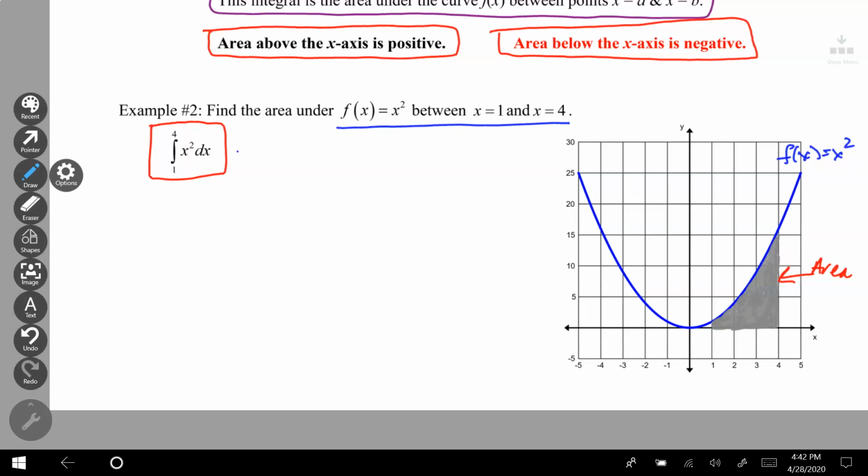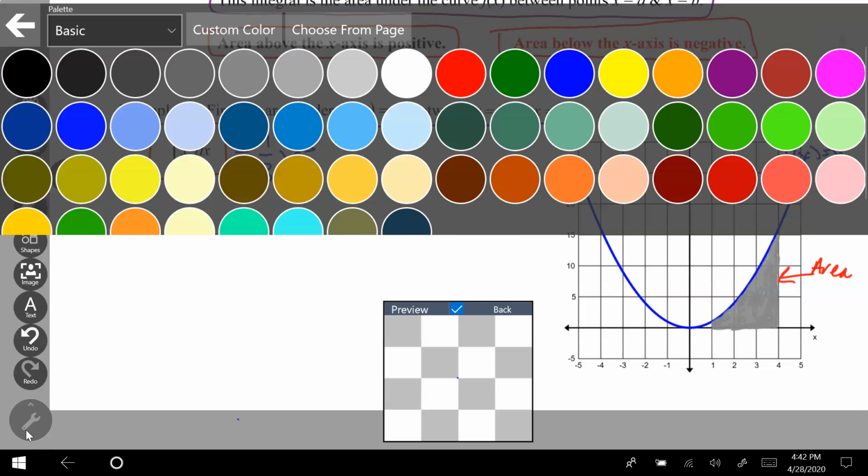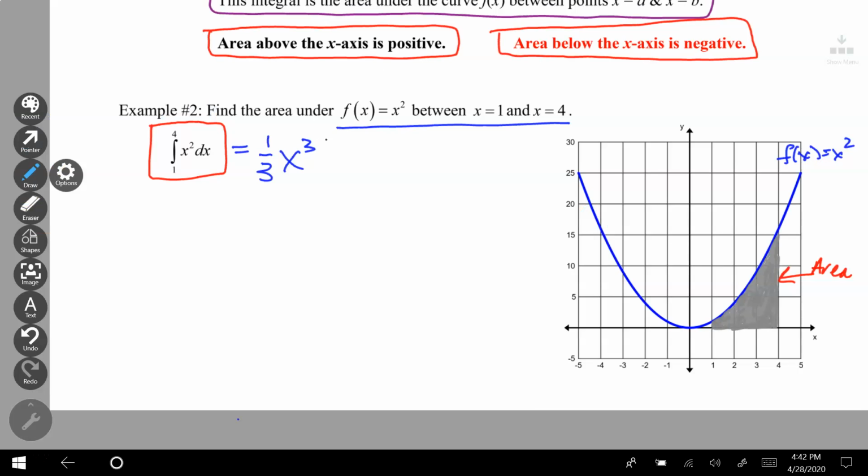The antiderivative of x squared is 1/3 x to the third, and then I have the upper and lower limits I'm going to plug in. I draw this vertical line and I put a 4 and a 1. That means I'm plugging the upper and the lower limit values into my antiderivative, or in this case, 1/3 times 4 to the third, minus 1/3 times 1 to the third.